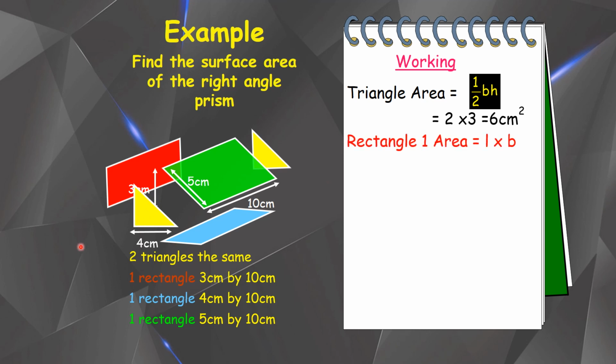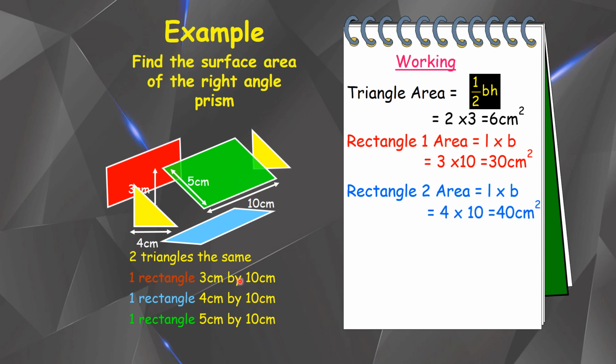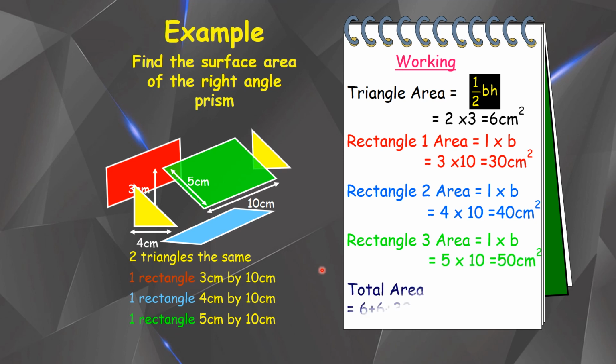Okay, rectangle 1 area, the first rectangle. Look at that, 3 times 10 will be 30 centimeters square. And the next one, the second rectangle, area will be length times breadth, 4 times 10, which is 40 centimeters square. And the third rectangle, we know 5 times 10 will be 50 centimeters square.